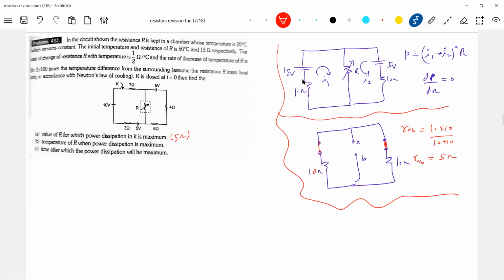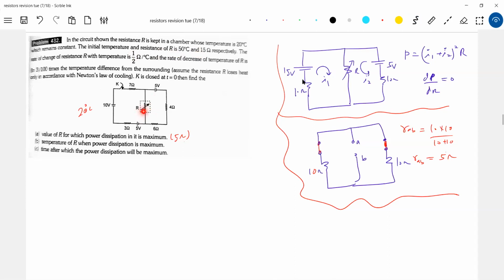And now come to the temperature of R when power dissipation is maximum, the next part of the problem. Everything is kept in a chamber where the temperature is 20 degrees Celsius. This whole circuit. The initial temperature and resistance of R are 50 degrees Celsius and 15 ohm respectively. I'm going to vary this.